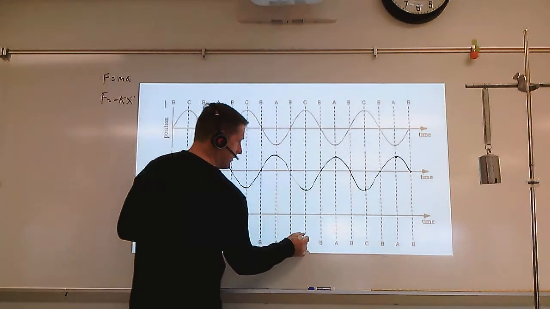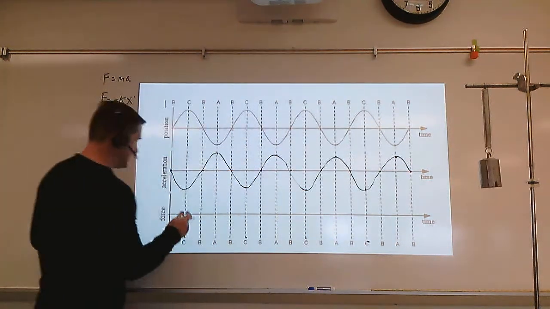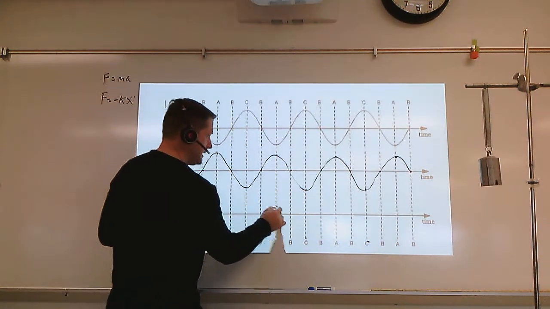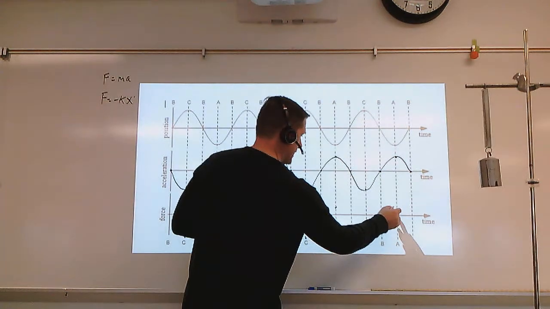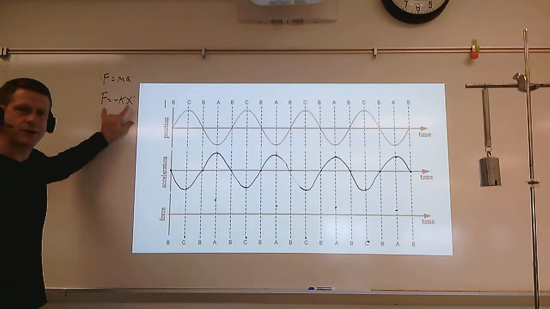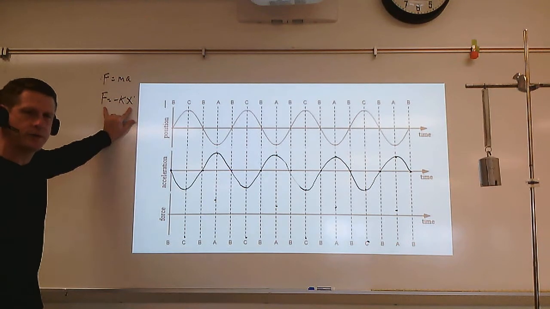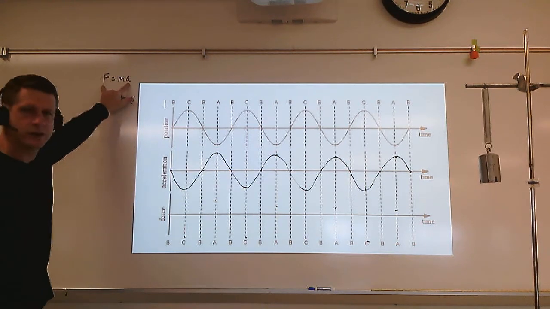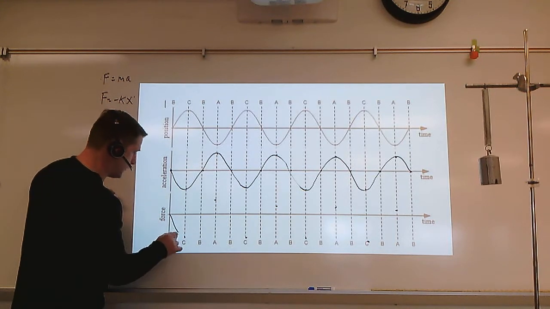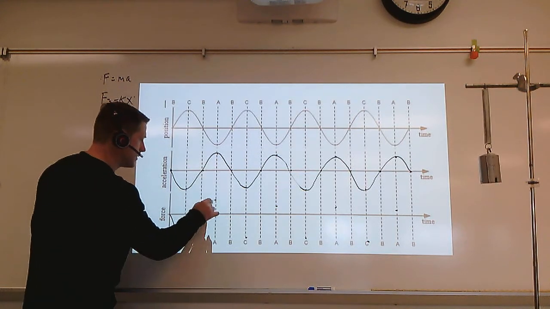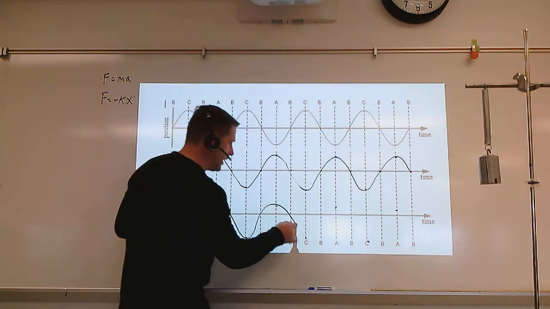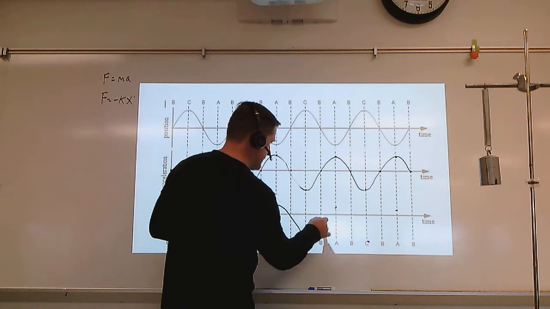And if I have a maximum positive acceleration, the only way that happens is if I have a maximum positive force. And if Hooke's law tells me that there is no force when x equals 0, if there's no force, then there's no acceleration. So our acceleration graph and our force graph are mirrors of each other for all the reasons that we've been saying already on this video.